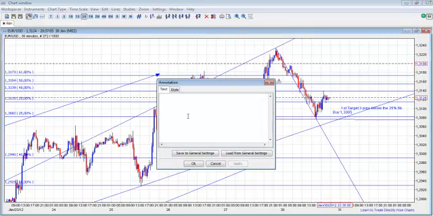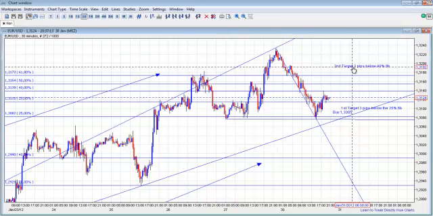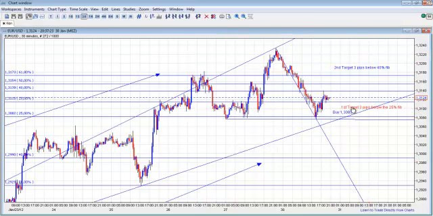And then we had the second target, three pips, again, same 3 pips, but this time below the 40% level of the fib, where we sold out the remaining contract size that we had in place.